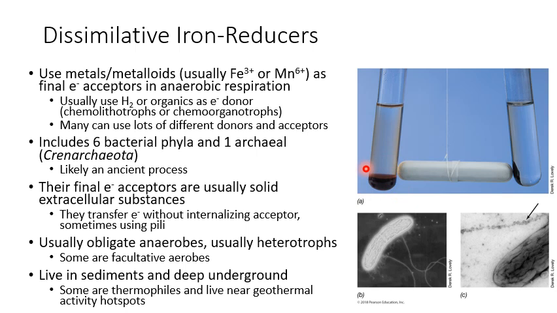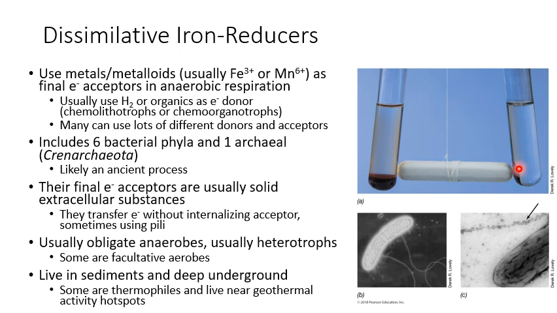Then through their metabolism, they will be producing iron 2+. So when you reduce Fe3+ by adding an electron to it, you get Fe2+, which is magnetic, and so that's going to be attracted to this magnet. So when you see that the stuff in the tube is becoming magnetic, then you know that you have iron reducers living in there.